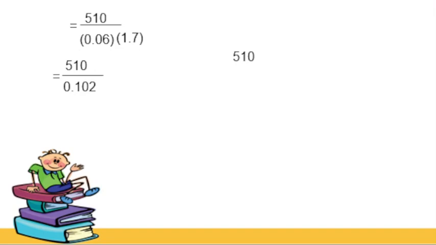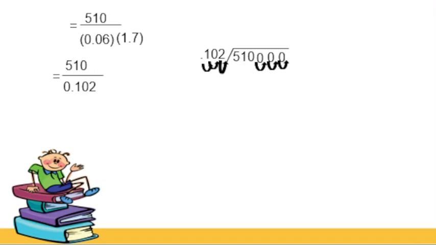Now, let's divide. So you have 510 divided by 0.102. If you notice, we cannot divide that directly, but instead we have to move the decimal point of the divisor first to make it a whole number. So you move 3 times: 1, 2, and 3. And the decimal point of a whole number is located here, so you move that also 3 times: 1, 2, 3, and then put in 0. So this time you divide 510 by 102.